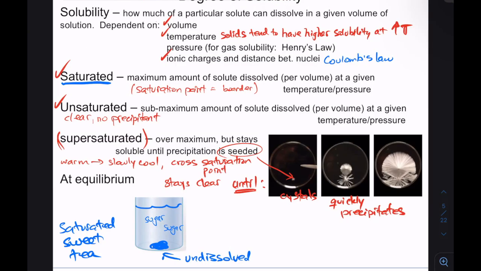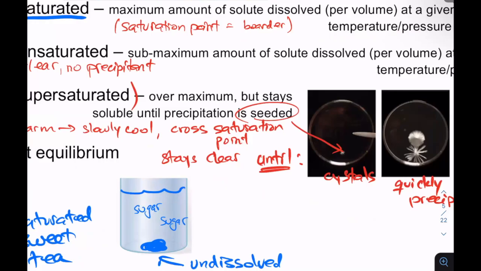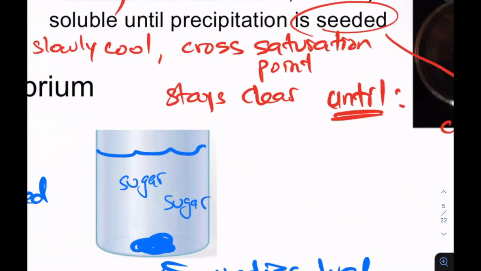But that won't happen, of course, until the solution is oversaturated. So the way I've drawn this is we've got some sugar that's swimming around in solution. All right, I'm going to say this sugar is an aqueous solution. So I'm going to put a little AQ sign here. Whereas this sugar that's undissolved, that's in the solid.